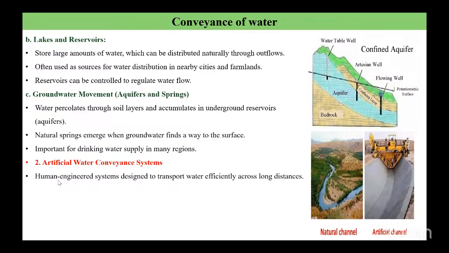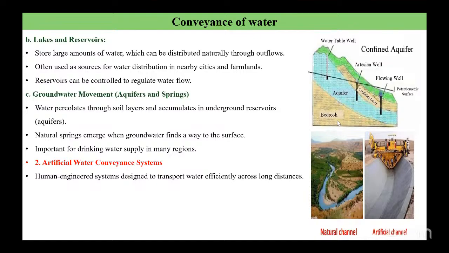So the water, once percolated deeper into the underground soil, gets trapped between the soil and bedrock, and that is an aquifer. This is the bedrock and this is the aquifer where a major amount of water will be stored and further filtered underground for groundwater recharge.